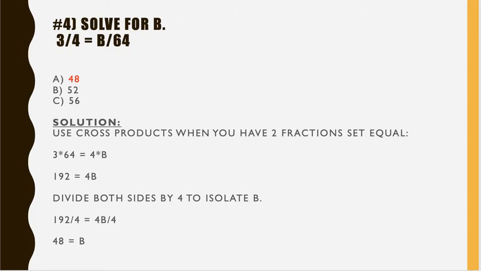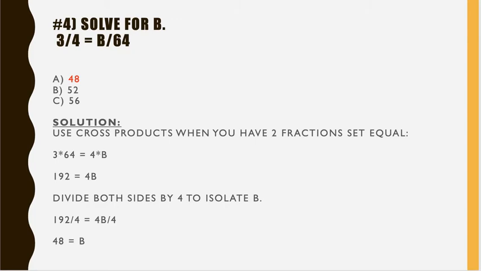To solve a proportion, when you have two fractions set equal, we will use cross products. So we will cross multiply in order to solve our equation. We're going to cross over the 64 and multiply it by the 3, and we're going to cross over our 4 and multiply it times b. So we get 3 times 64 equals 4 times b.